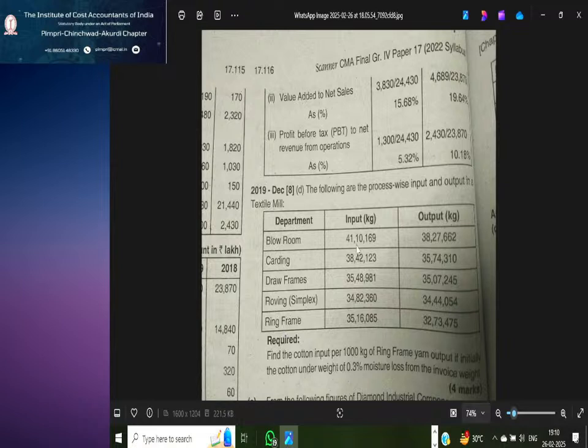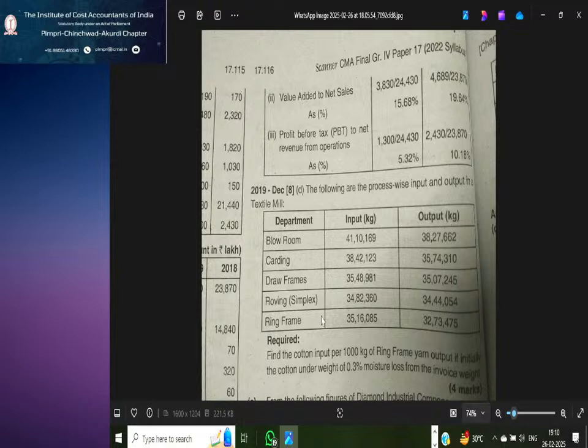Got it? So you have input kg at each level and output kg at each level. The input in blow room will give an output, and this output will be the input for carding. Then it will go on as an output, and at last it will go through the ring frame.